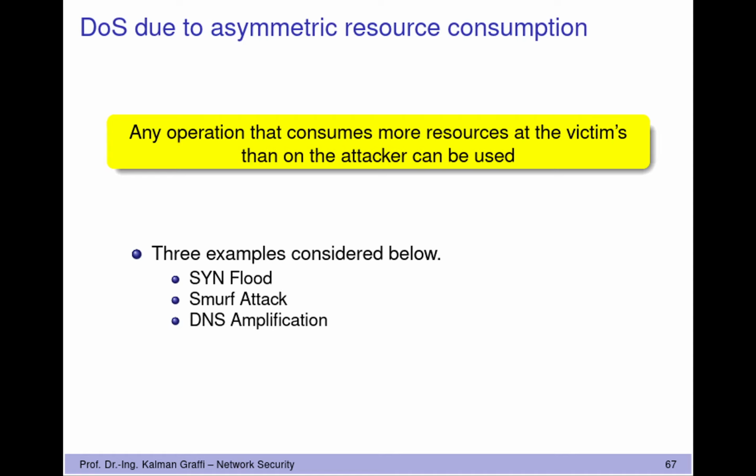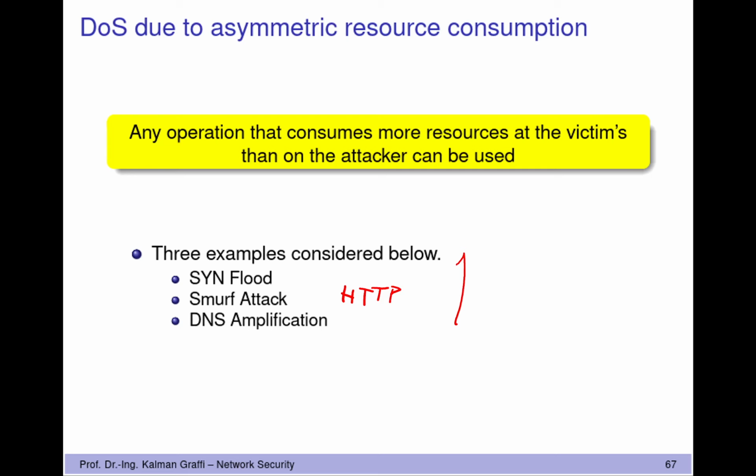Let's have a look at some examples: SYN flood, Smurf attack, and DNS amplification. And there was also a very nice HTTP-based attack recently, which had a really great amplification factor. I will also talk about it, but let's start with SYN flooding.